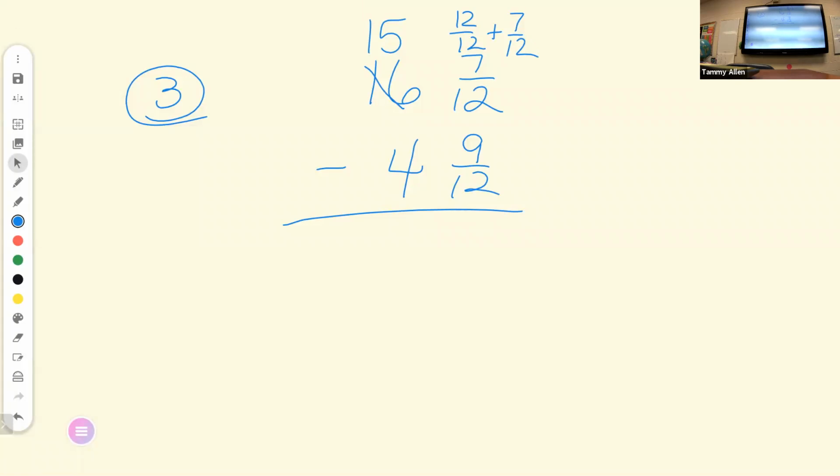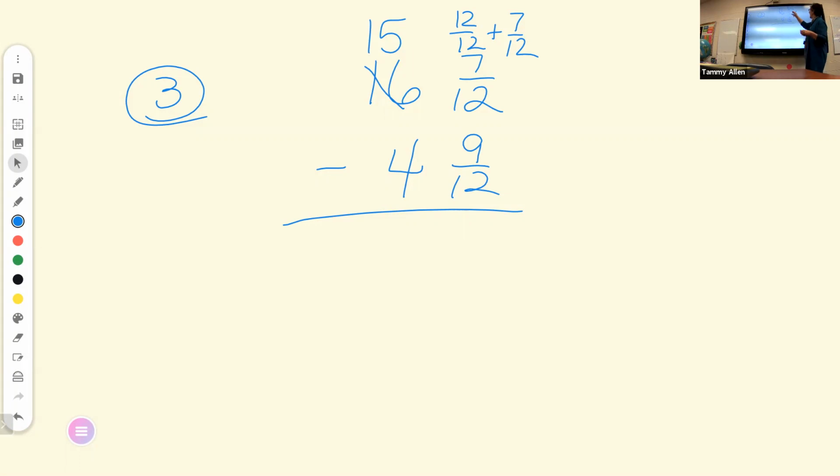Because the denominator is 12 and not 4. Yes, I want to make it the same size pieces. Why make it fourths and then have to go through all that work to find a common denominator? Who wants to do all that work? Nobody. We want to use the same size pieces, don't we?